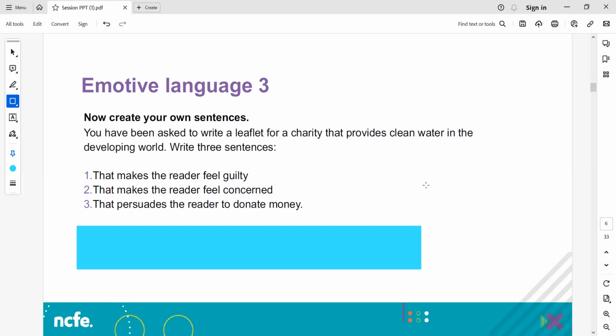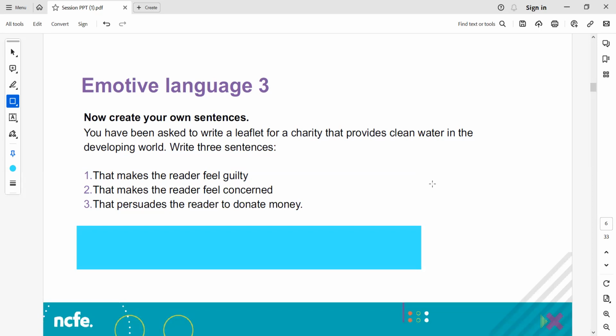So there's a task here to create your own sentences, practicing the skill of using emotive language, because in the test, you may be asked to write a persuasive piece. So knowing that you can use emotive language for persuasion is one of the skills you could use. So we're going to practice that.